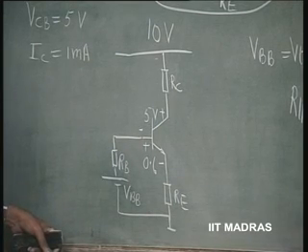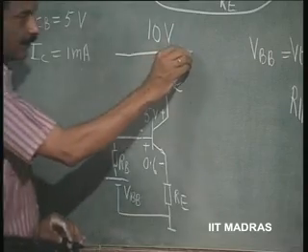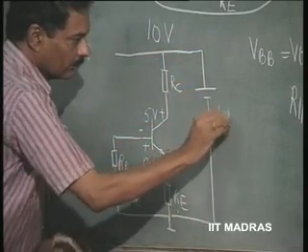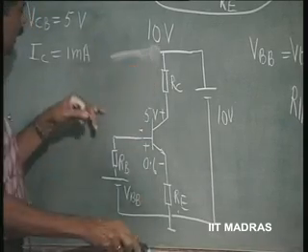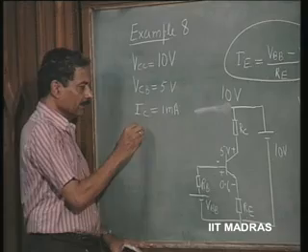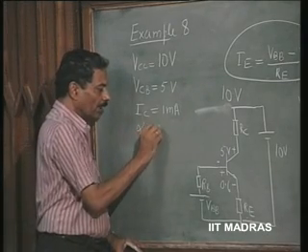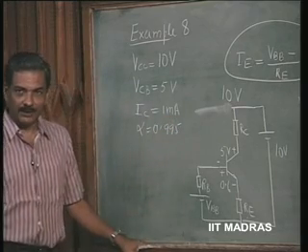So, please, now what is specified is that this is 10 volts and the current IC is equal to 1 milliampere. Then I will take, let us say, alpha as 0.995, let us say, simple.